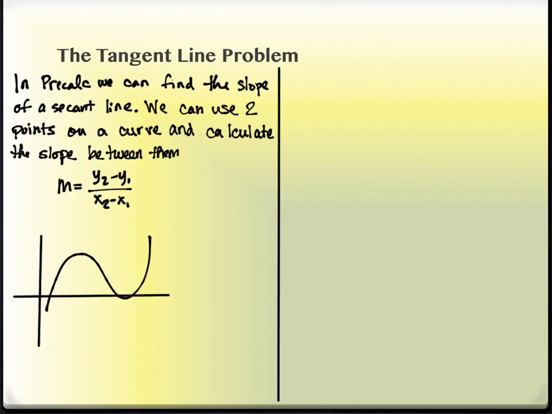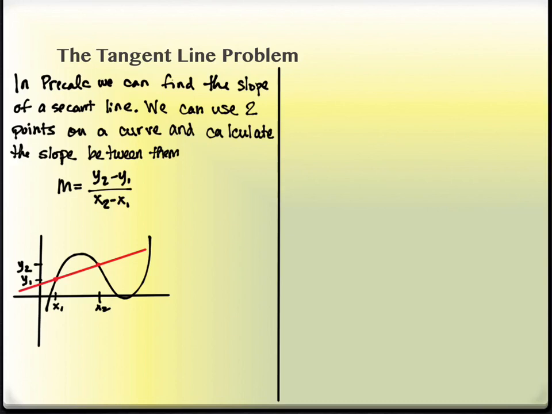If we have 2 points that we're trying to find the secant line between, say here and here, we would then have an x value and a y value at each location. This one is x1 and y1, and this one over here is x2 and y2, and we could calculate that. Yeah, we could totally do that.